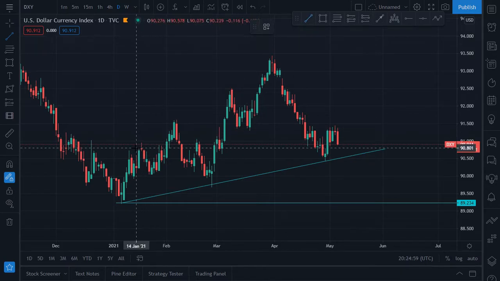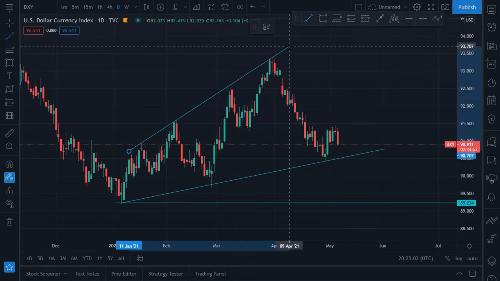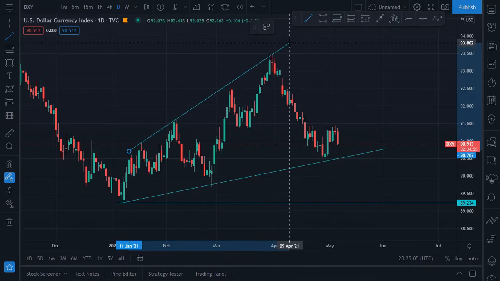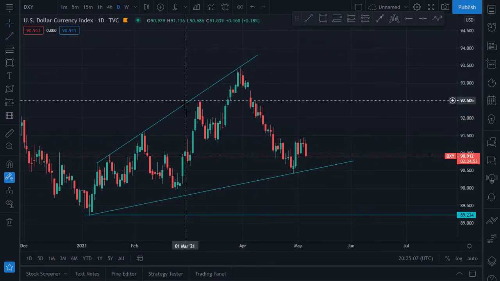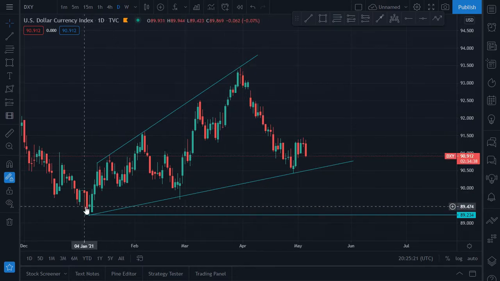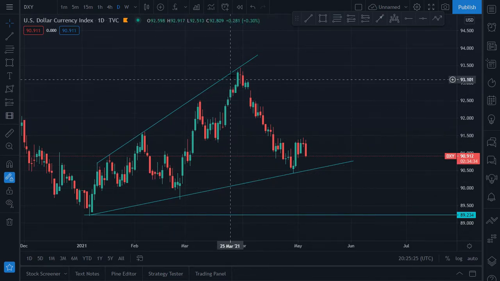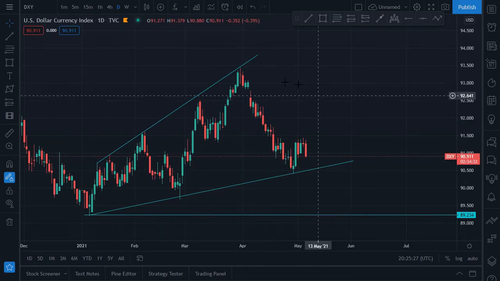Then we also have this uptrending resistance. This pattern is called, what is it called again? It's kind of an increasing flag pattern, where the market creates higher highs and lower lows and all that.